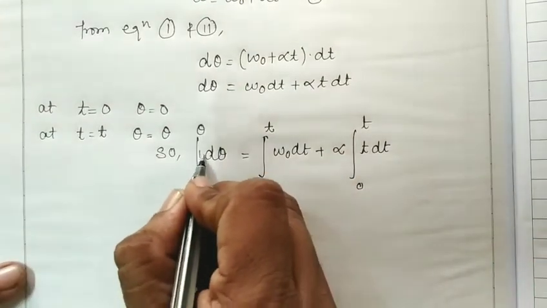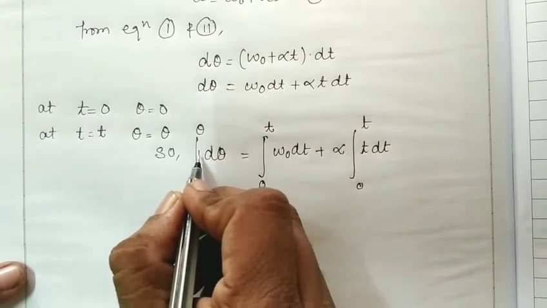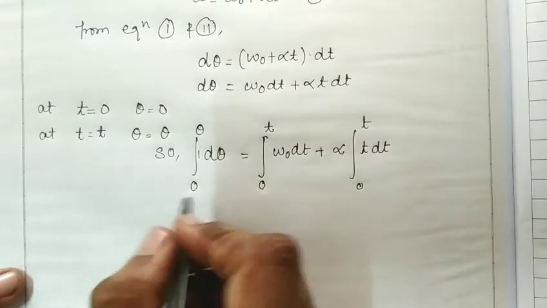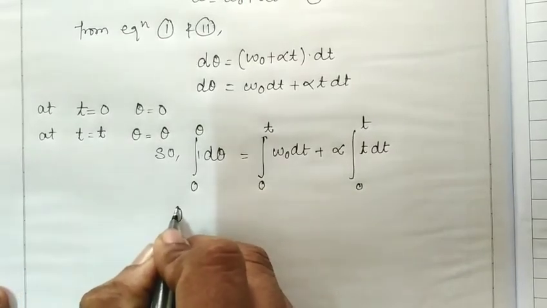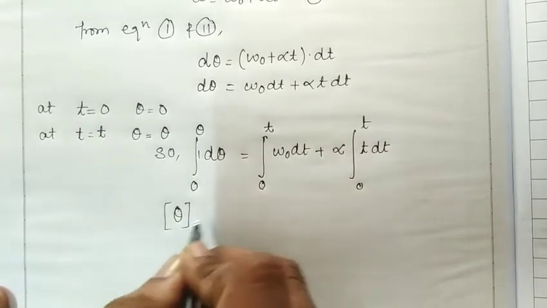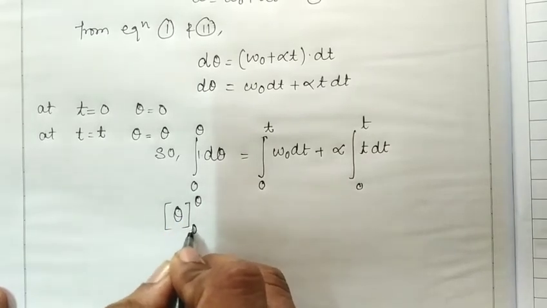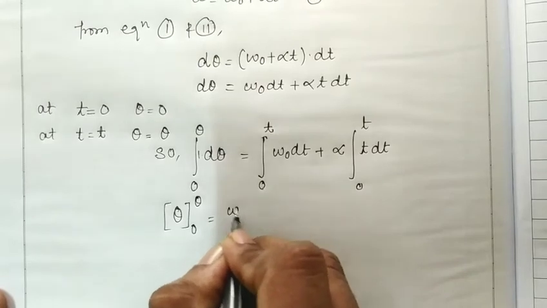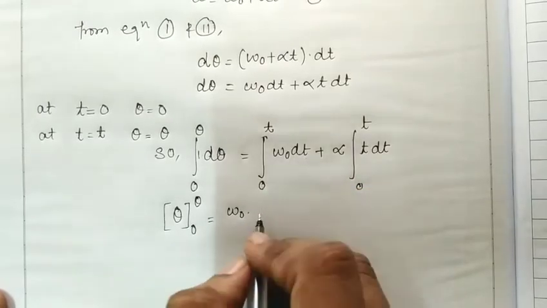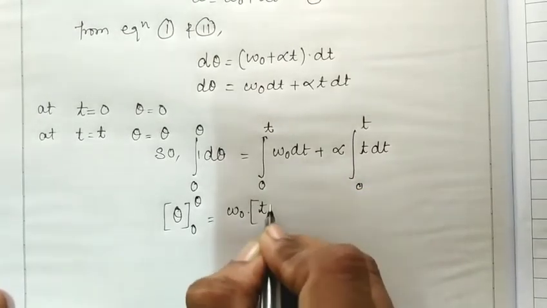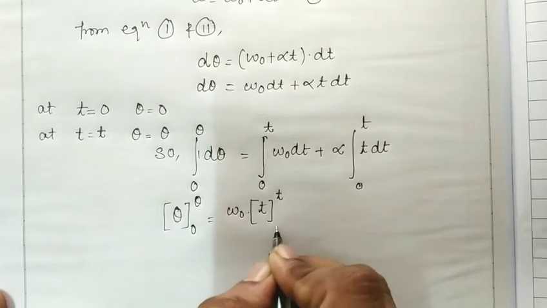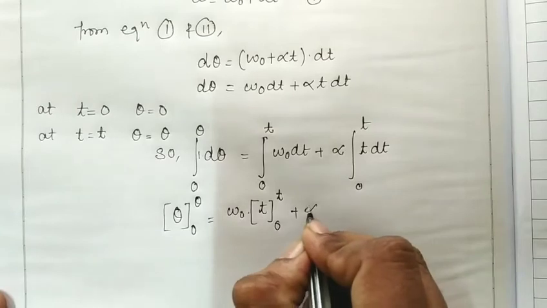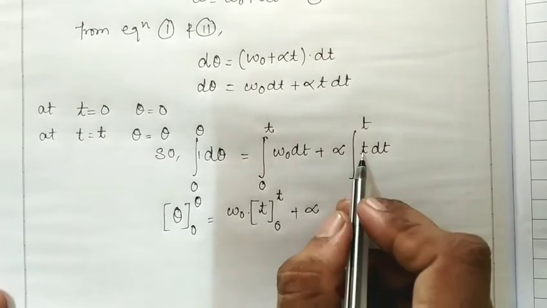It can be written as 1 into d theta, and 1 can be written as theta to the power 0. So on integrating we get theta, with upper limit theta and lower limit 0. Omega naught is constant with respect to t. So 1 into dt becomes t, with limits 0 to t. And alpha is constant, and t.